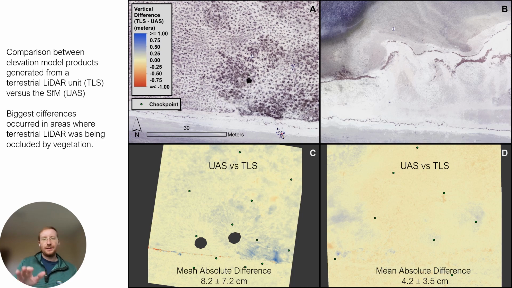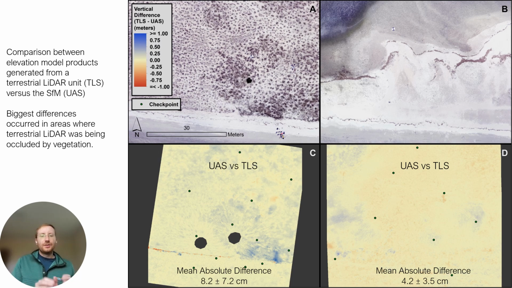Here we're just showing the difference between 2 of the areas that we were surveying, those boxes with the terrestrial LiDAR, right? One was in this more vegetated dune environment, one was in a much sandier, less vegetated stretch of the island, and that's the one on the right.